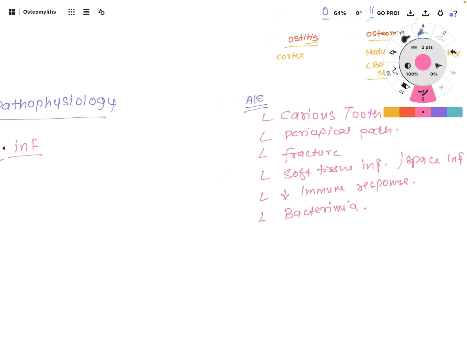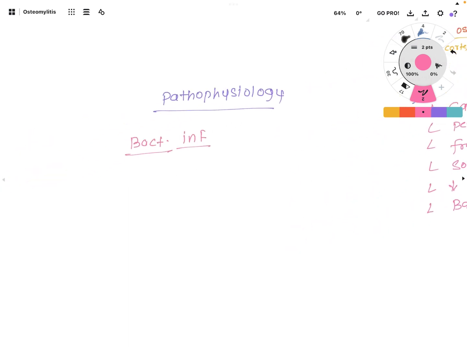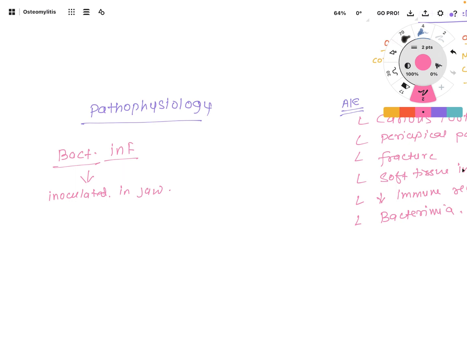So from these causes you have a bacterial infection localized within a certain region, and this bacterial infection is inoculated into the jawbone. How? You have a carious tooth, and you did the extraction or the RCT, or there was any traumatic injury.